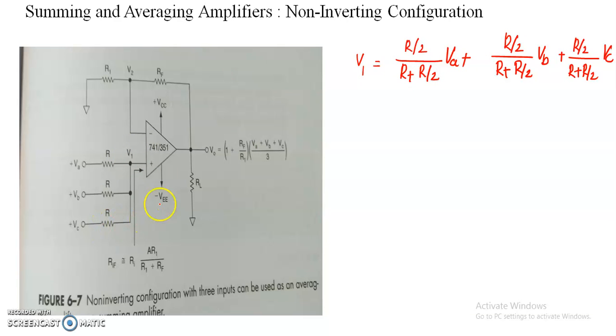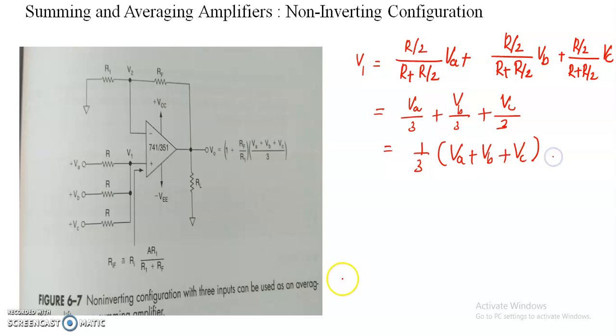Similarly for VB and VC. By simplifying this equation, we obtain V1 equal to VA divided by 3 plus VB divided by 3 plus VC divided by 3, or it is equal to 1 by 3 into VA plus VB plus VC.